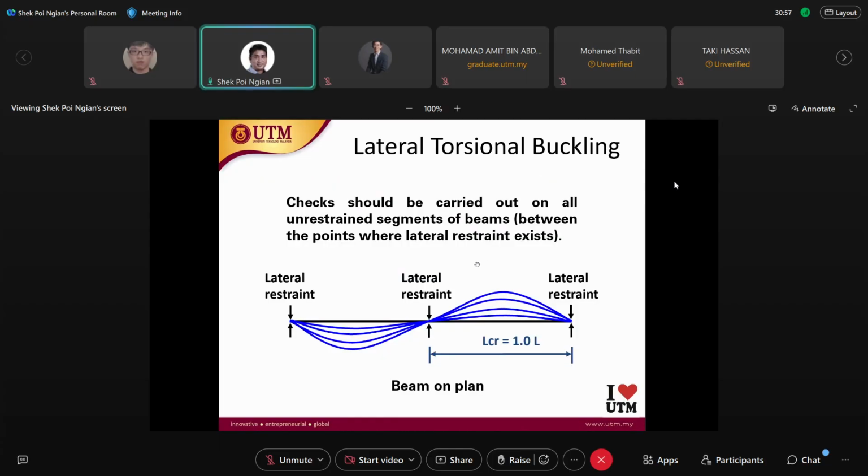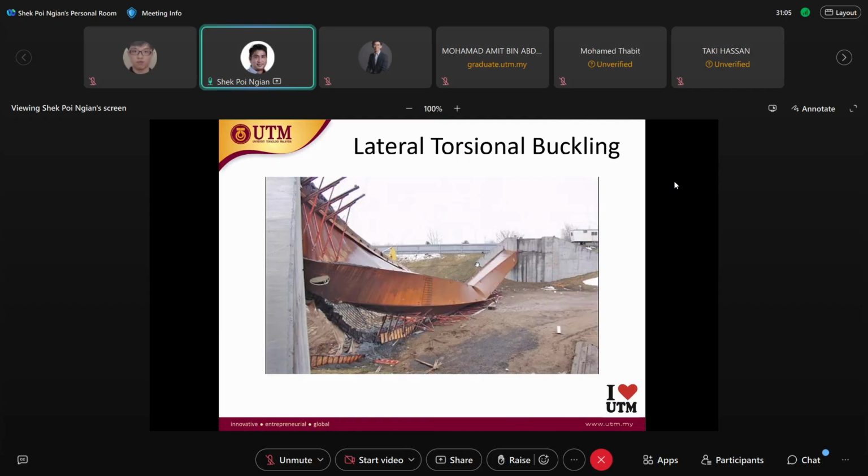Okay, so lateral torsional buckling is the twisting of a beam. It shifts sideways, and then it fails.